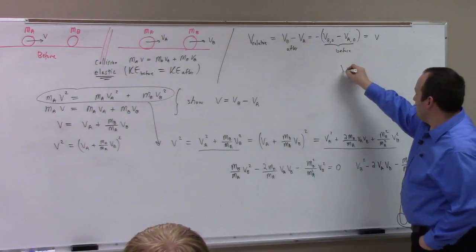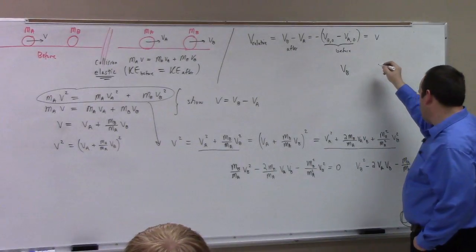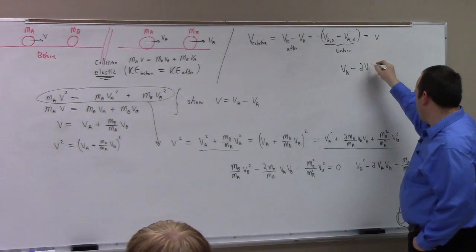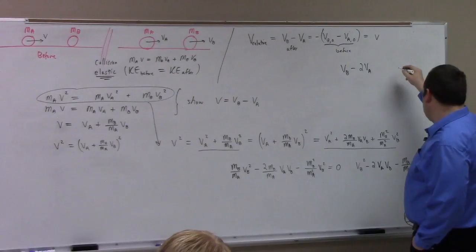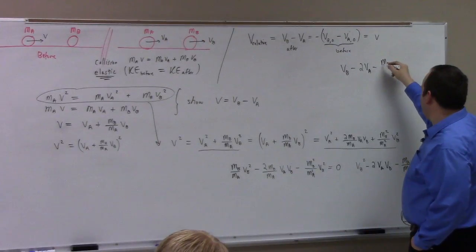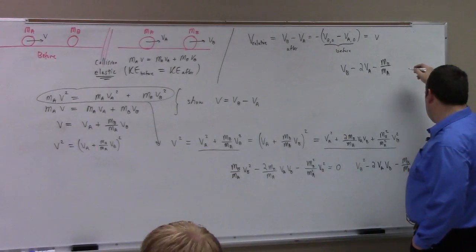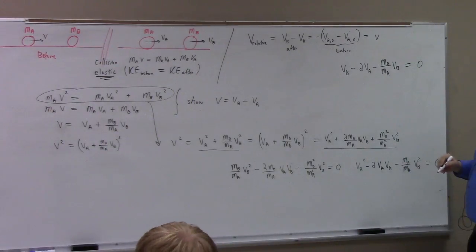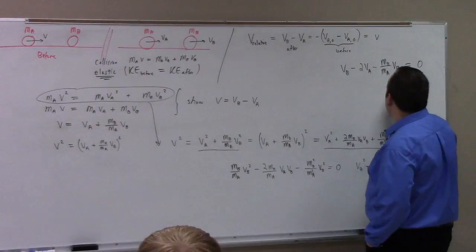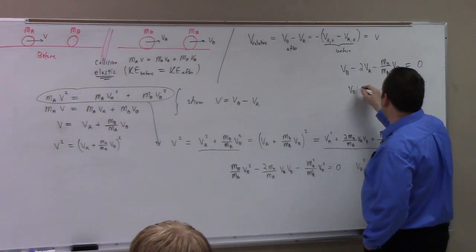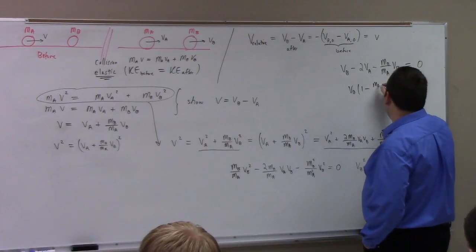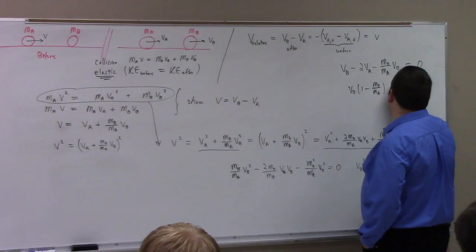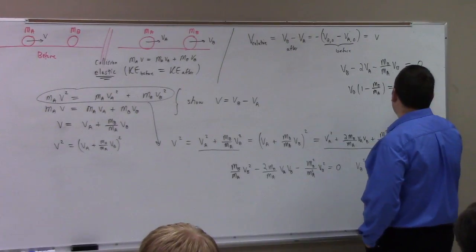And so we get what? We get VB minus twice VA minus MB over MA VB. So finally, I get VB times 1 minus MB over MA is equal to 2 times VA.